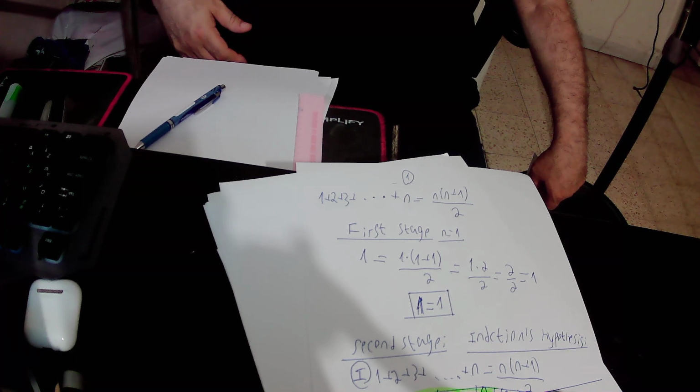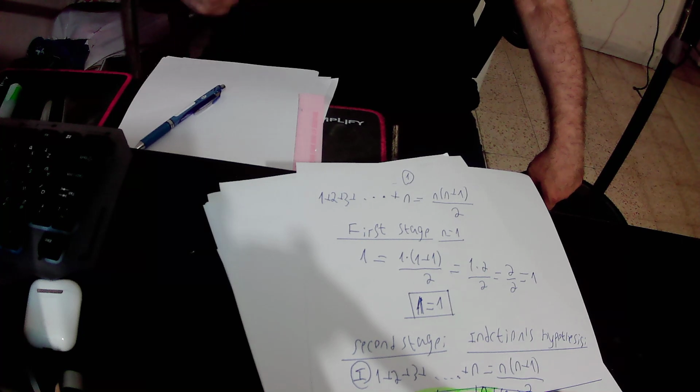So we can say that we know that it is true for n that equals to 1, and then according to our general proof that if it is true for n, it must be true for n plus 1, we know that it is true for n that equals to 1, and from that we can deduce that it must be true for n that equals to 2.